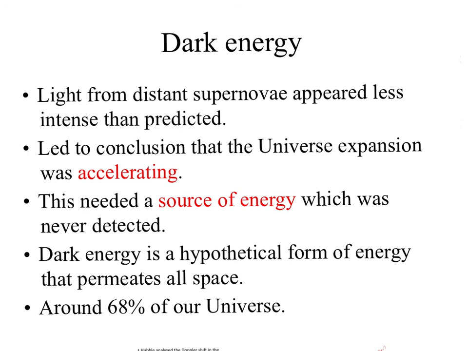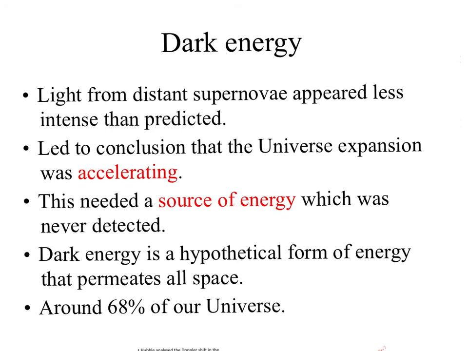Okay, so we have dark energy. Now, what is dark energy? We don't quite know exactly what it is, but it's been hypothesized that it exists because when they were studying light from distant supernovae, they noticed that it was less intense than they predicted. So this led to a conclusion that the universe's expansion was accelerating. But for it to accelerate, it needs a source of energy, which we can never detect.